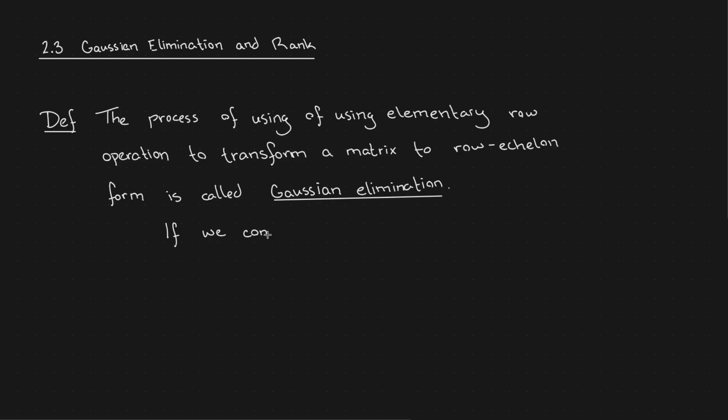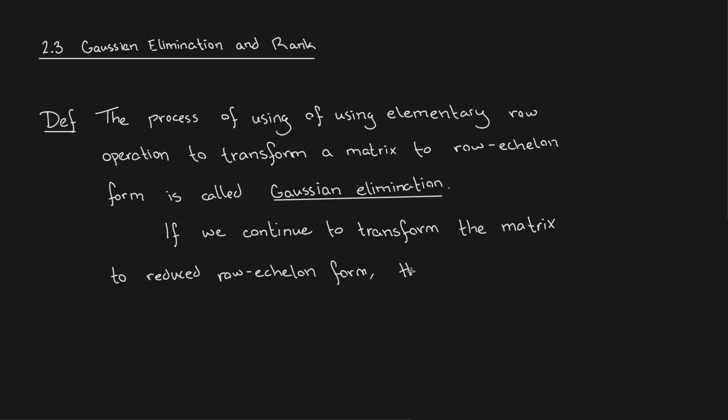If we continue to transform the matrix to reduced row echelon form, the process is called Gauss-Jordan elimination. So we'll refer to this process using these names from now on.